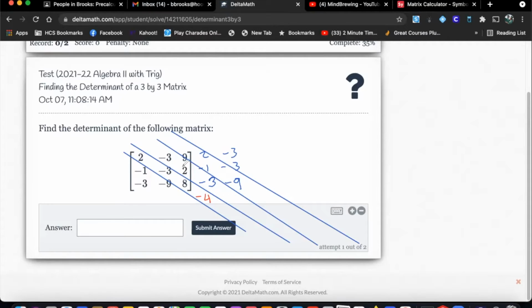So much arithmetic. All right, -3 times 2 is -6 times -3 is positive 18. And 9 times -1 is -9 times -9 gives you positive 81.